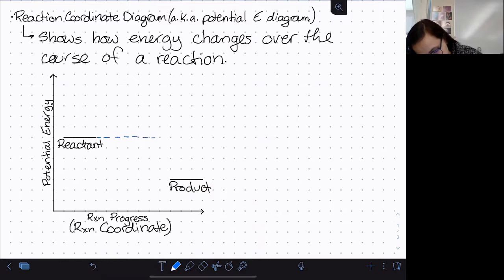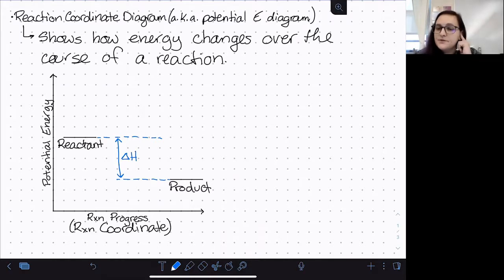So thermodynamics is pretty much just looking at the difference between these two values. On a reaction coordinate diagram, this is usually representing delta H, the difference between these two quantities here.